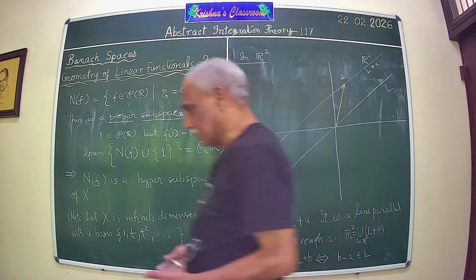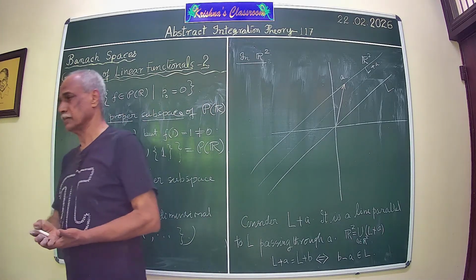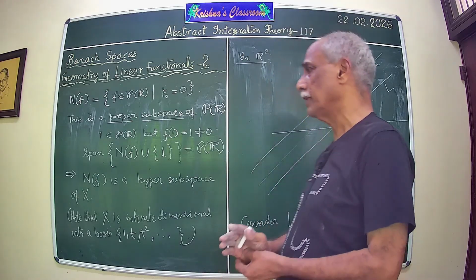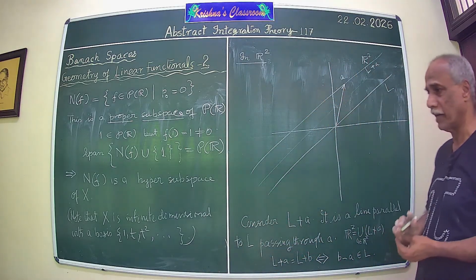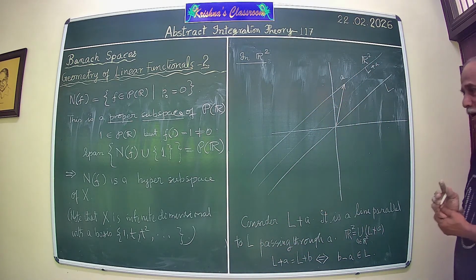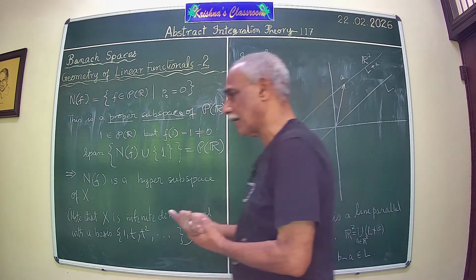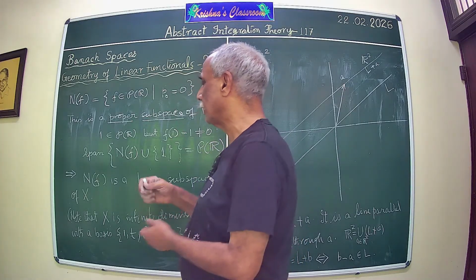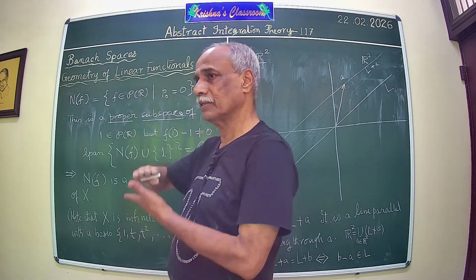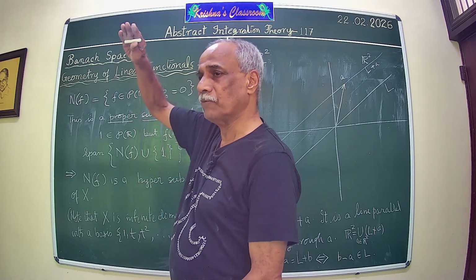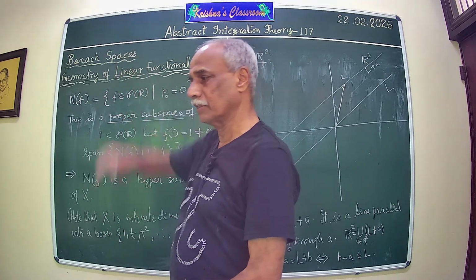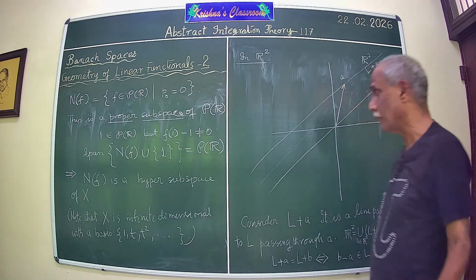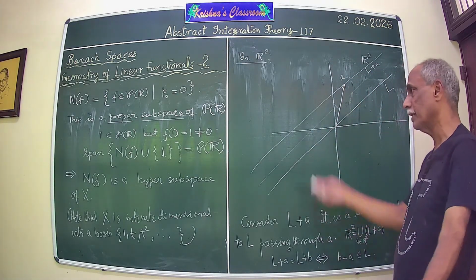In R3, M is a two-dimensional subspace. Therefore, you can conceive M plus A for A not in M as a plane parallel to M passing through A. Okay, so you get sort of planes stacked one on top of the other and covering the whole three-dimensional space.